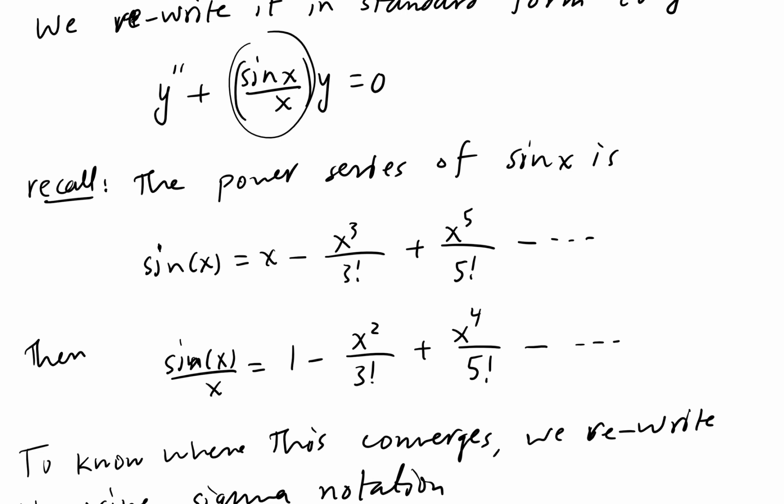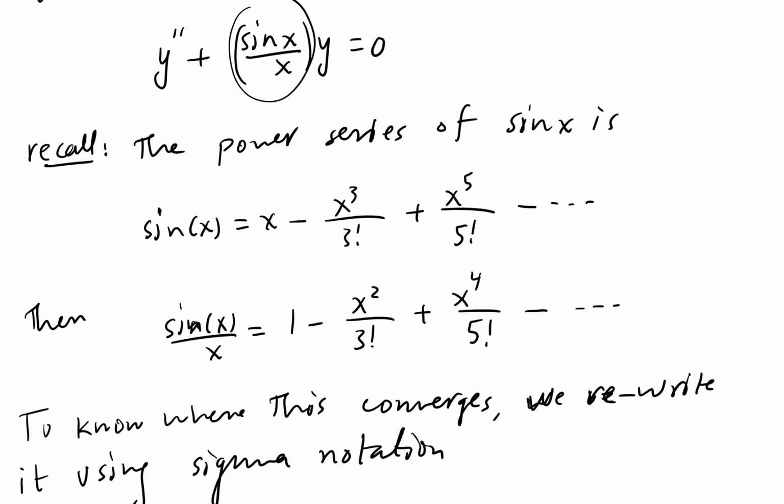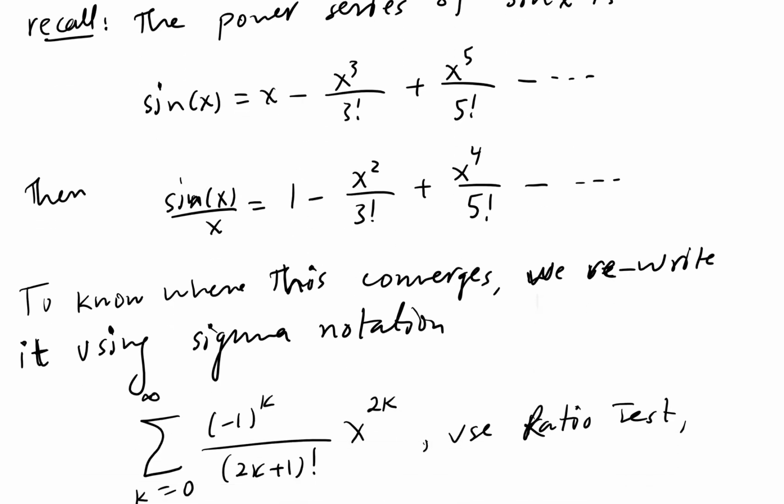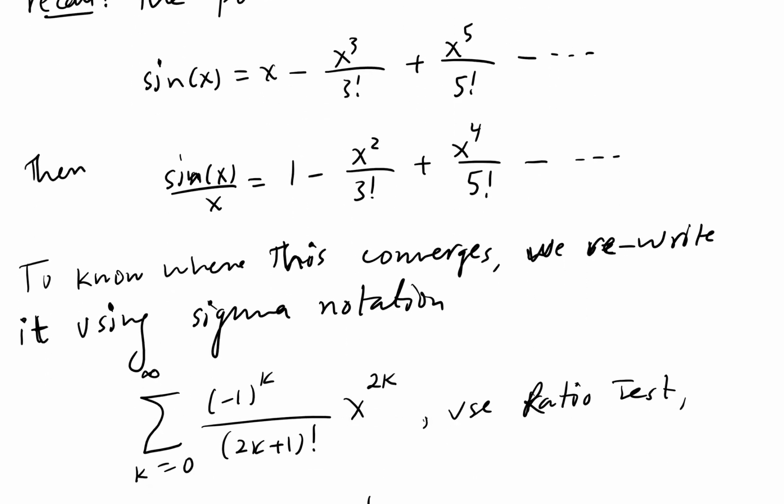Then, to know where this converges, we rewrite this using sigma notation. If you want to know where this series we just obtained converges, which I did here, because we have alternating signs, that's why I use negative 1 to the k, and then the denominators are odd, like 1 factorial, 3 factorial, 5 factorial.